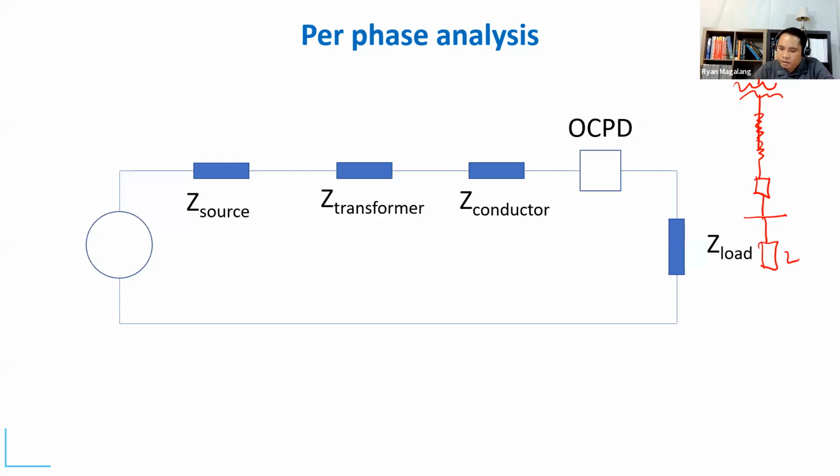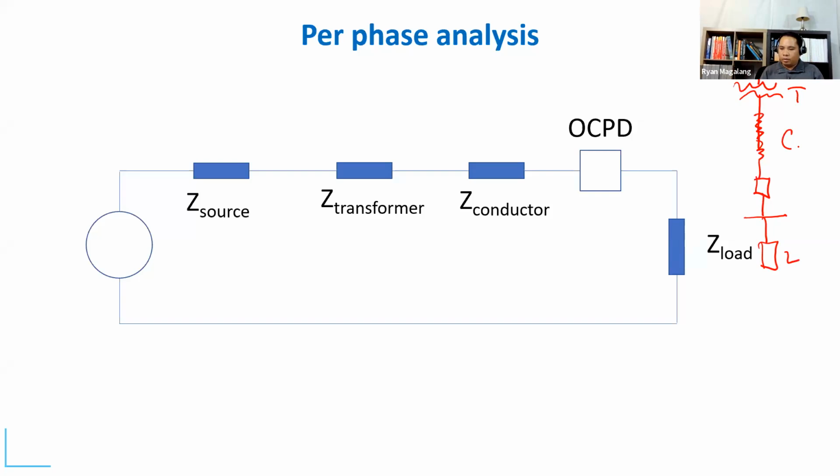Now we represent the source, the transformer, the cable or conductor, and the load in terms of impedances. That is the general idea when conducting the short circuit analysis.